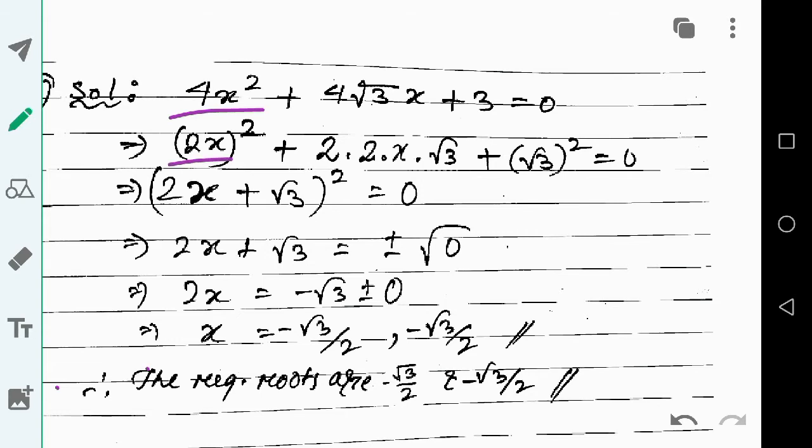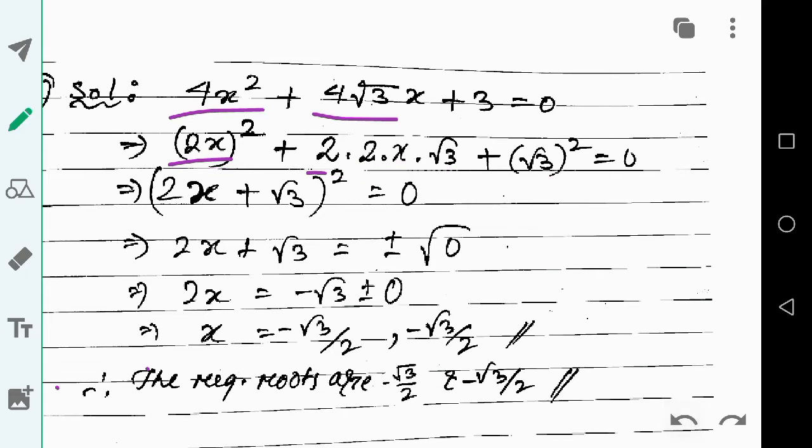Now 4 root 3 x can be written as 2 into 2x into root 3, then again you will get 4 root 3 x. Then 3 can be written as root 3 square. So this is the a square plus twice ab plus b square form, which is equal to a plus b whole square, that means 2x plus root 3 whole square.